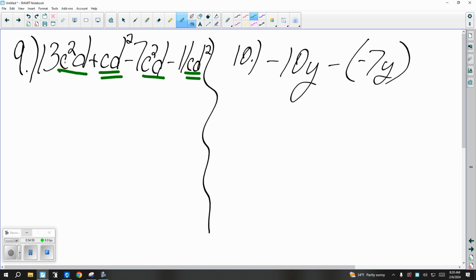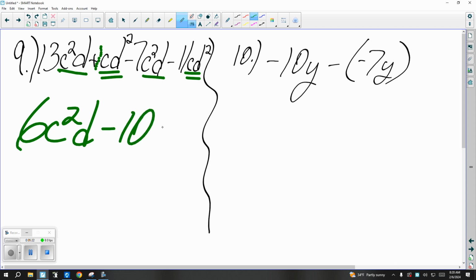So C squared D. So it's 13 minus 7, which is 6 c squared d. And then there's a hidden one here, and that is 11. So it's 1 cd squared minus 11 cd squared, which is negative 10 cd squared. Okay, got that? Not too bad.